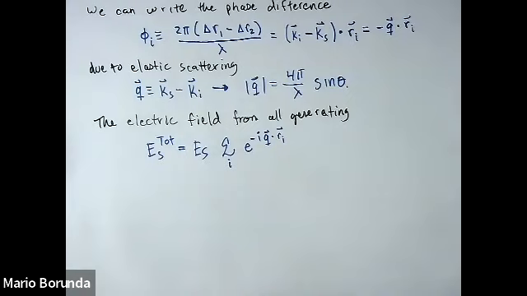Each of them is contributing differently. And we have the phase difference from the nuclei with that q wave vector. The q is the same for all of them. The Ri is the relative position of each of the electrons from the atom nuclei. Questions?